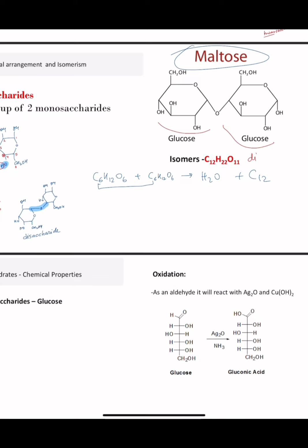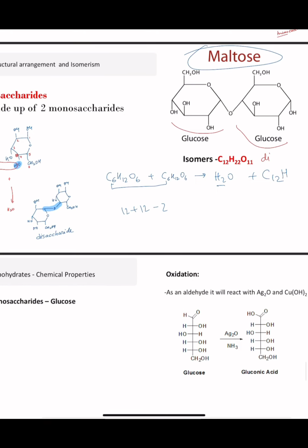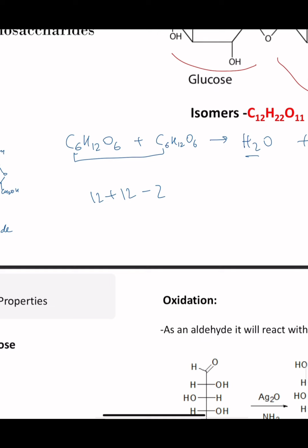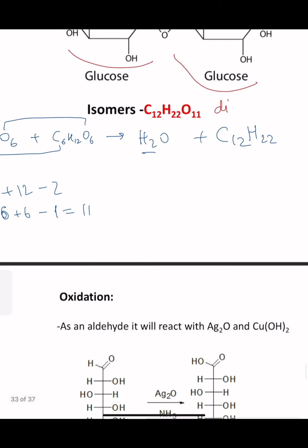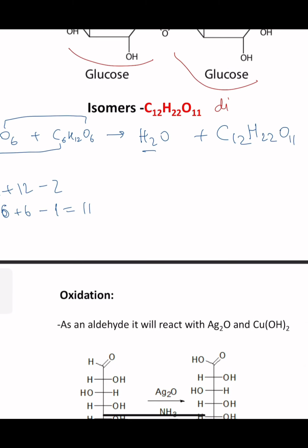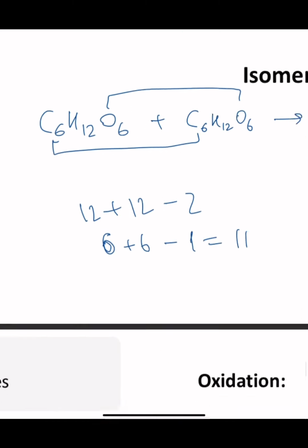And then you add 12 minus 2 hydrogens for water gives you H22. And oxygen, look at here, I've got 6 oxygens plus 6 oxygens. And then I minus 1 for water, which will be 11. So that's why it'll be O11. Okay, and you can do all of your calculations.